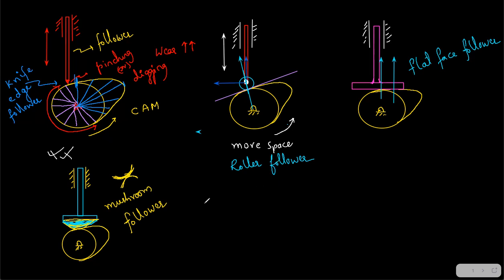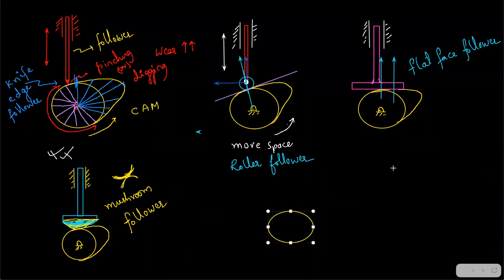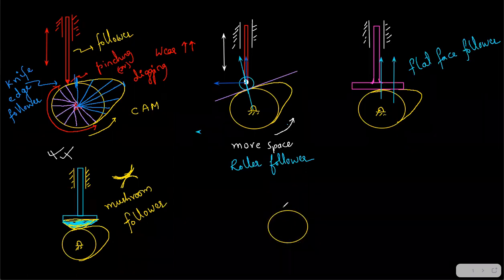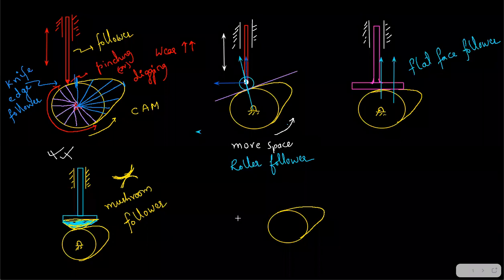And one more type of follower is there, you can just check it. One more type of follower. This is your cam, and I have even an oscillating type.